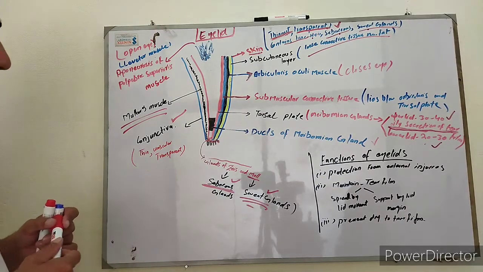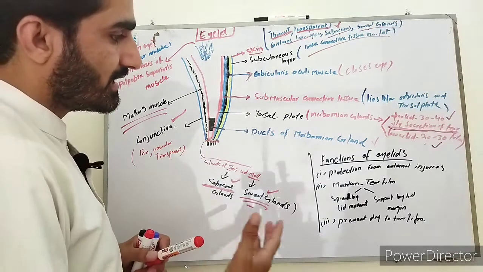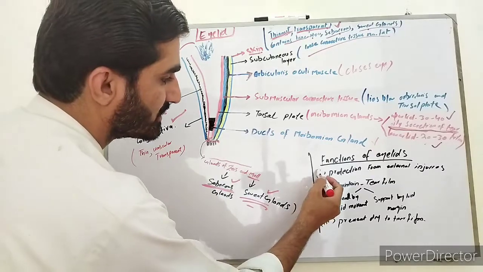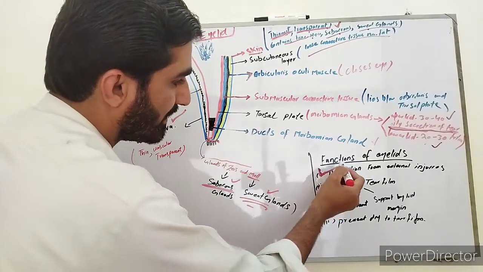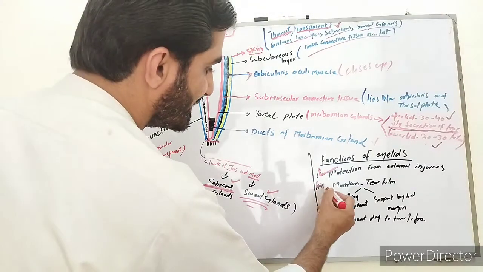Now what are the functions of the eyelid? There are different functions. The first and most important function of the eyelid is to protect the eye from external injuries. The second one is that it maintains the tear film.